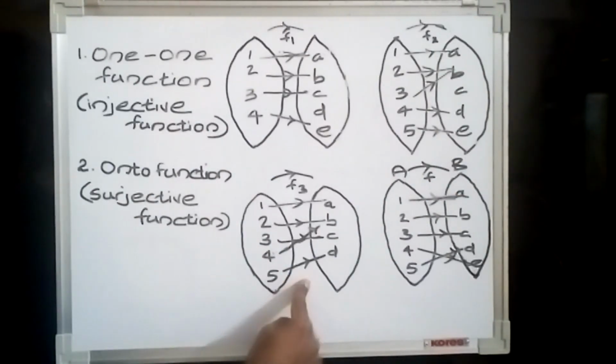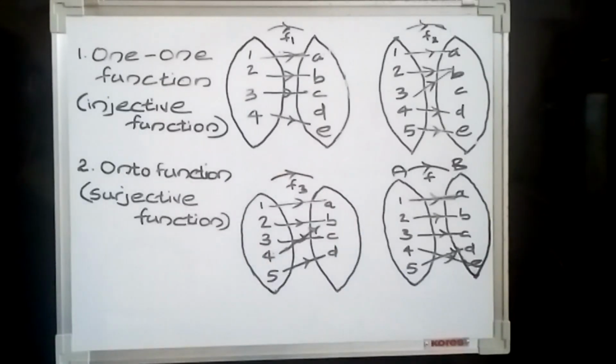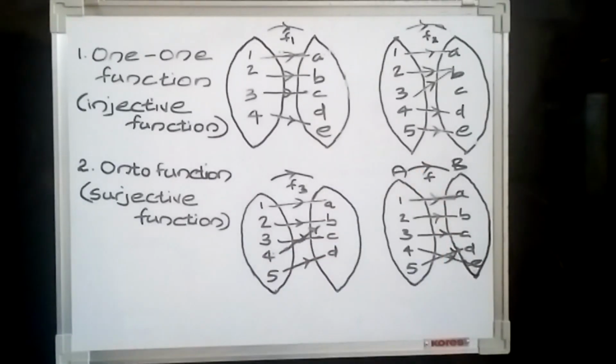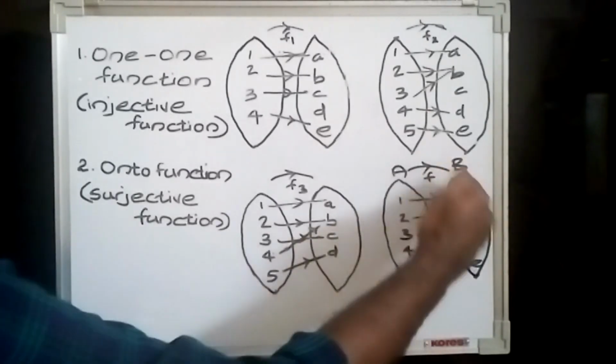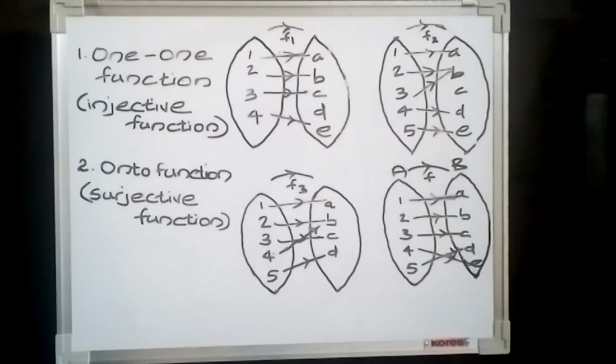Is f3 an onto function? Yes, f3 is an onto function because every element in the second set has a pre-image in the first set. Is the last function f an onto function? Yes, it is also an onto function because every element in the second set has a pre-image in the first set.